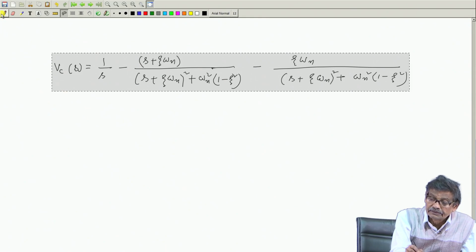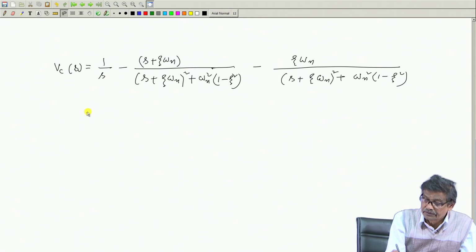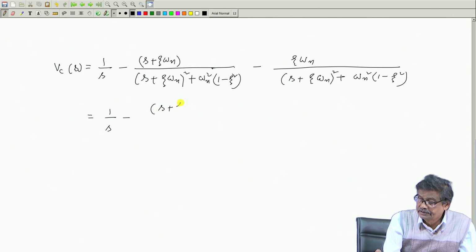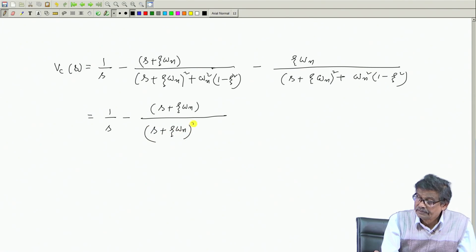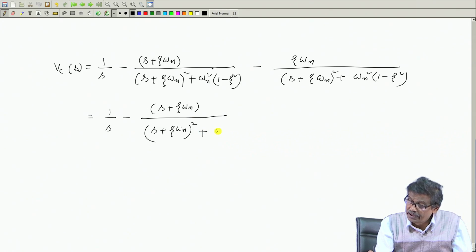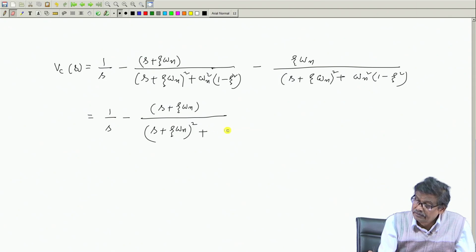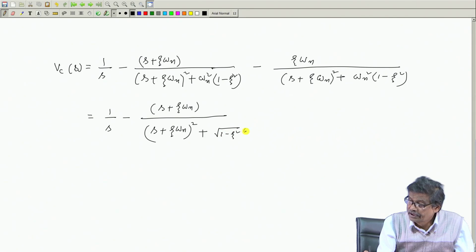Now, what I will do is better, I will write it, then this is equal to 1 over S, fine, minus s plus zeta omega n divided by s plus zeta omega n whole square plus omega n, I will write it in this way, root over 1 minus zeta square omega n whole square.